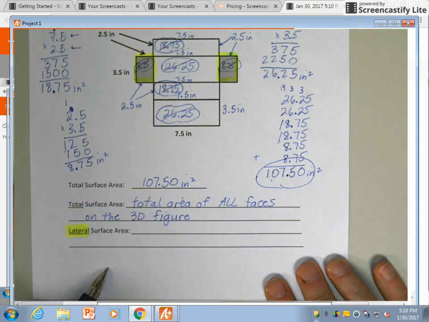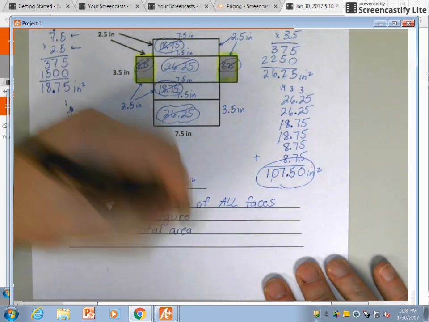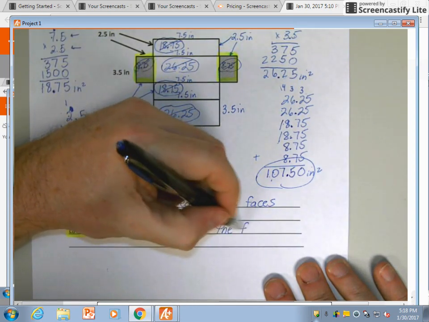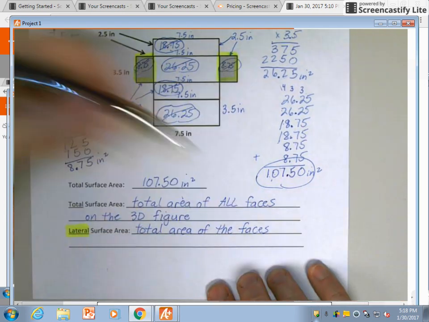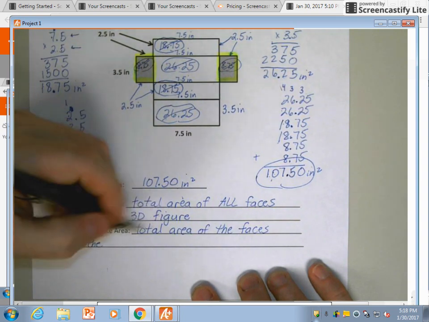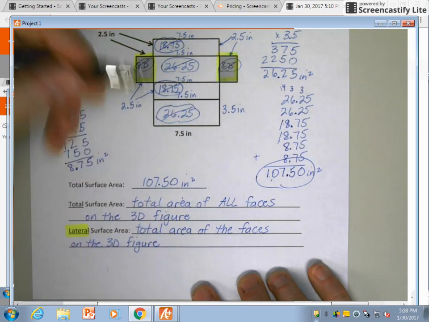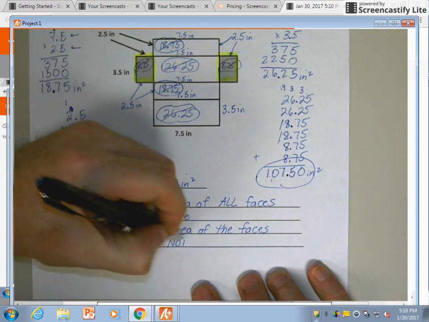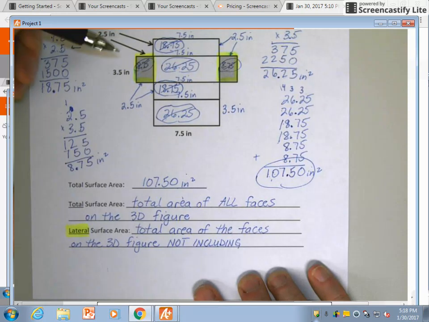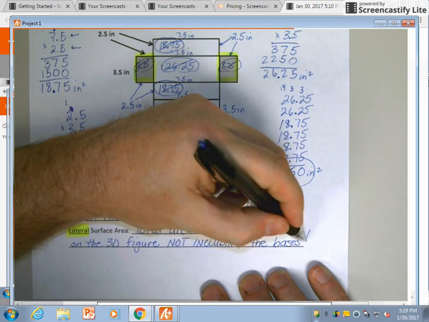A lateral surface area is the total area of the faces on the 3D figure. Now, it sounds pretty much the same. On the 3D figure, it's pretty close to being the same, except, here's the big kicker, not including the bases. Exclamation point.